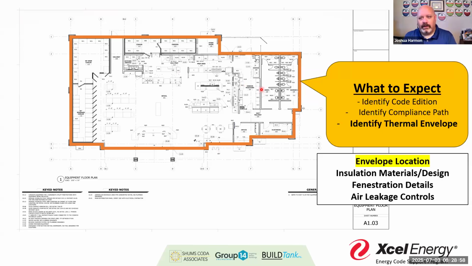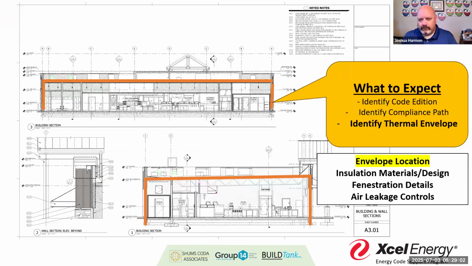And again, one of the things that I'll see once in a while, and we'll talk about it as we go through, is that it's going to have impacts on where things are located and how we evaluate other systems like ductwork and other protections. So again, we need to understand where within that building section sheet that thermal envelope is.